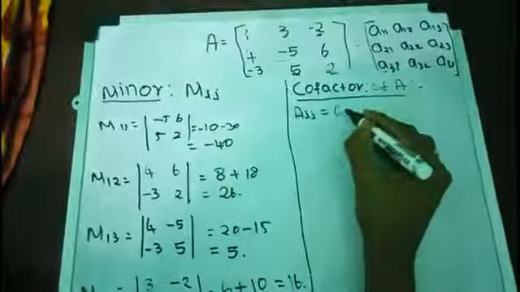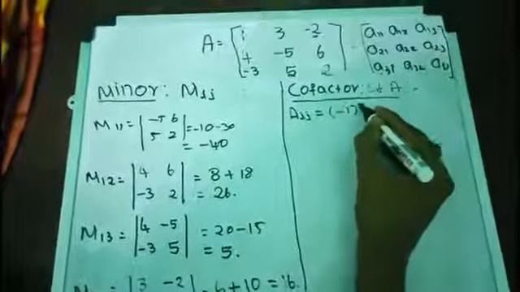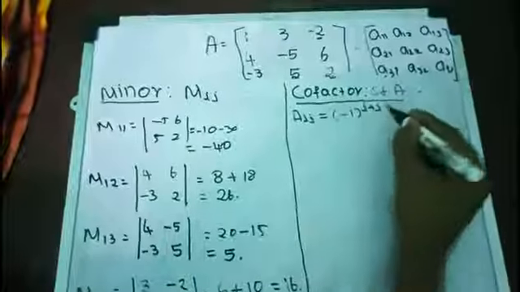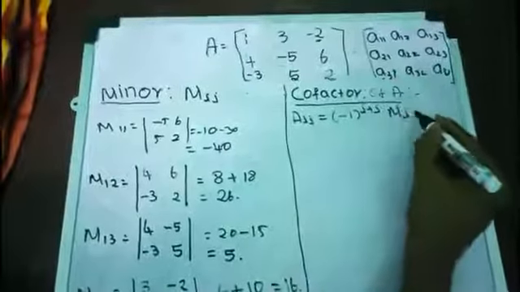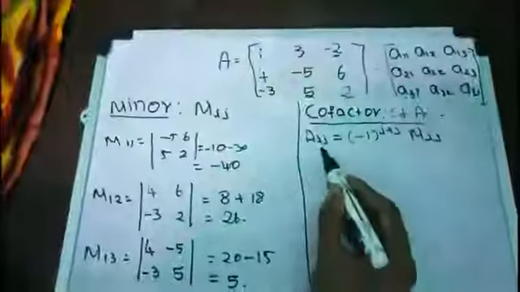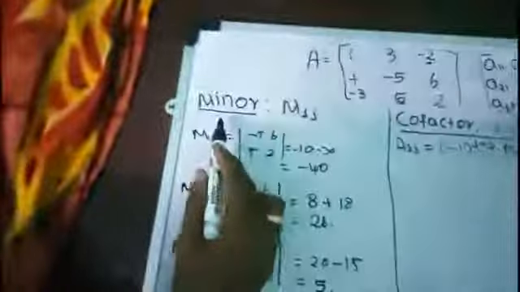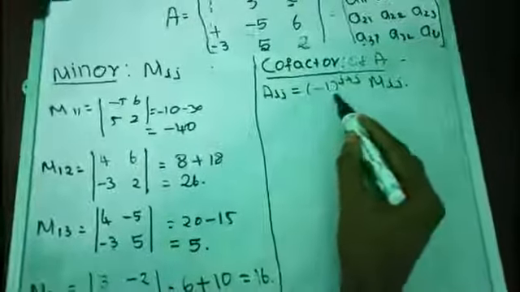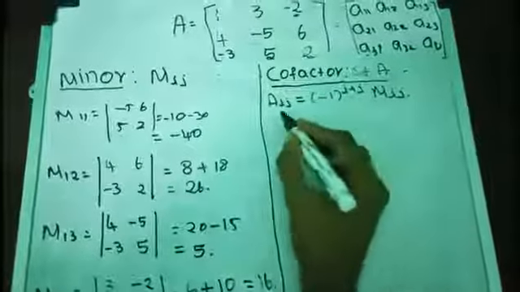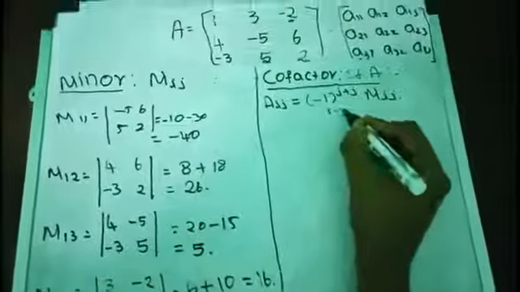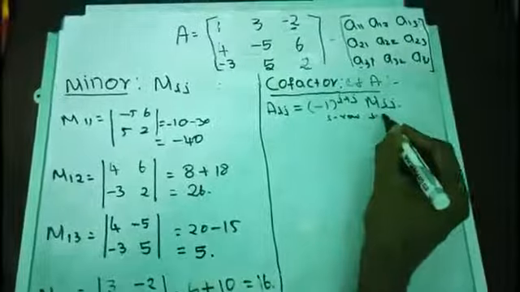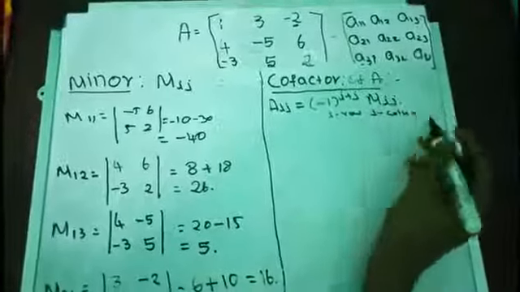This is a formula: minus 1 power i plus j Mij. So if you want to find the cofactor of A, you must have the minor of A, because Aij is equal to minus 1 power i plus j Mij. Here i is the row, j is the column.